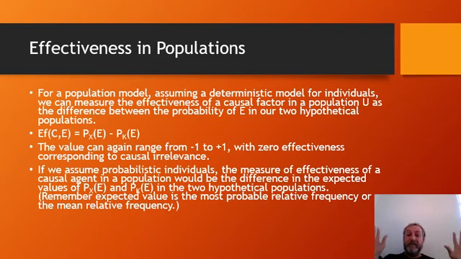That's going to be the effectiveness. Again, it can range from -1 to +1, and 0 effectiveness means causal irrelevance. +1 means guaranteed positive causal factor, -1 guaranteed negative.